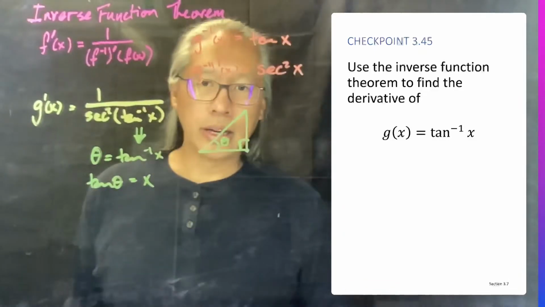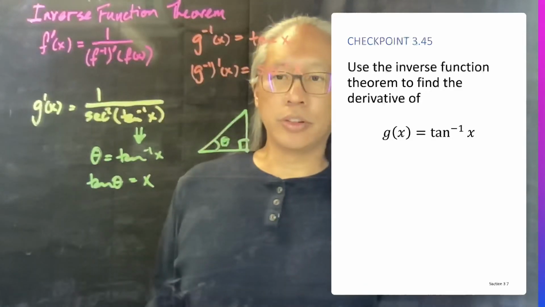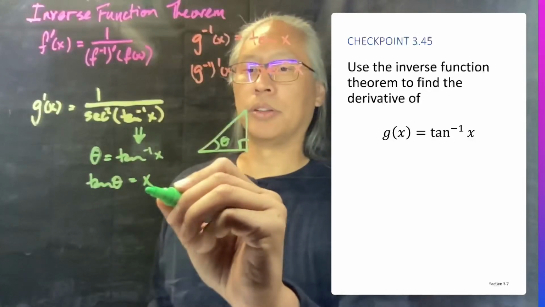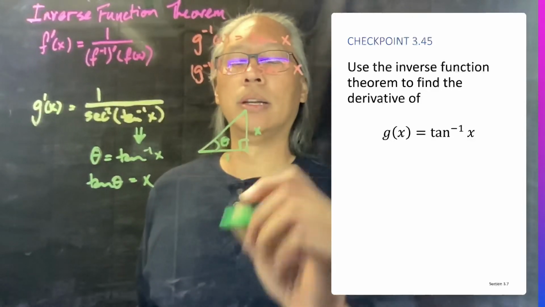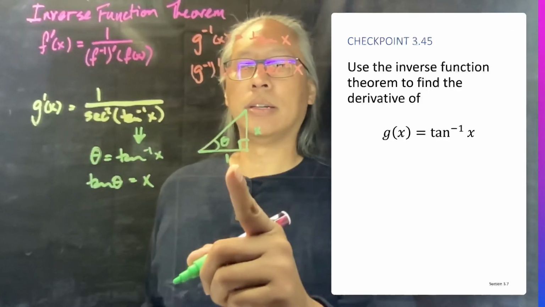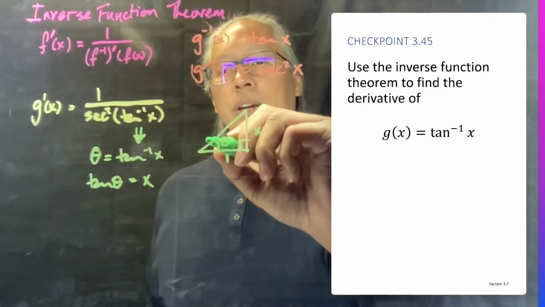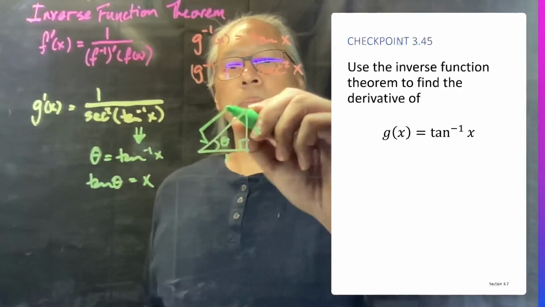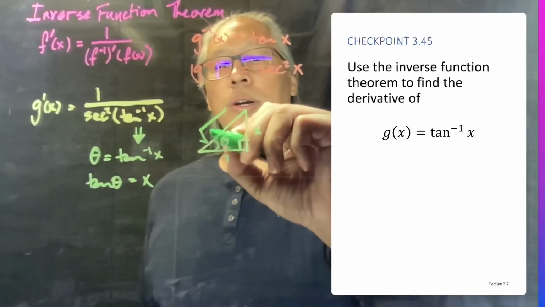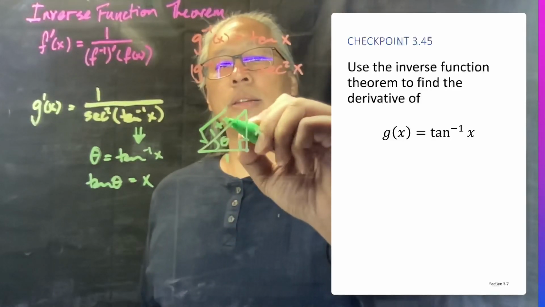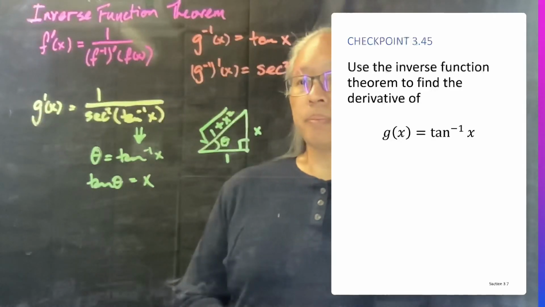If we identify one of the angles to be theta, then the tangent is going to be the opposite over adjacent. So there's no denominator here, so let's assume that the denominator is equal to 1. So the opposite is x, the adjacent is going to be 1. And we can complete this triangle by figuring out what the hypotenuse is. Using the Pythagorean theorem, it's just going to be the square root of 1 squared plus x squared.